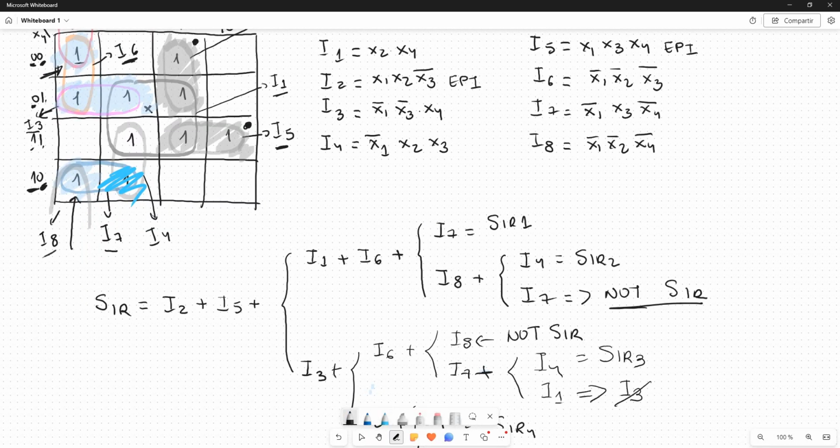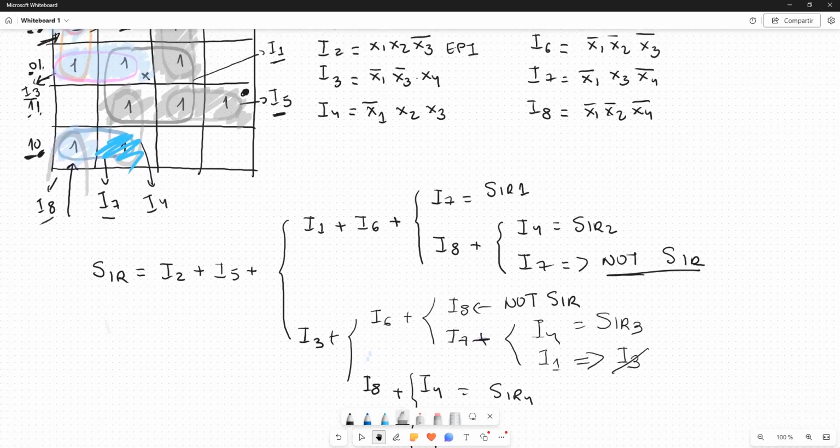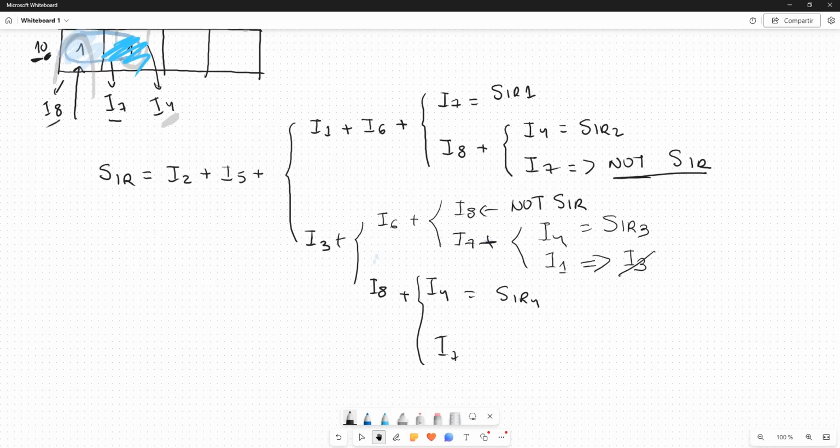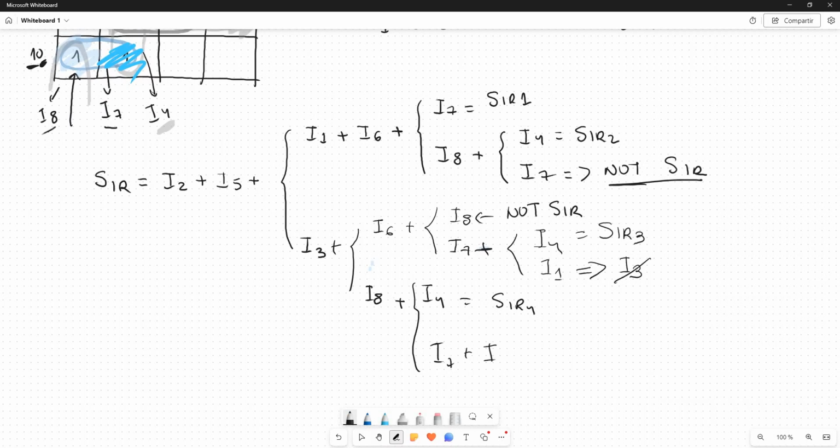That is here. The remaining one is here. So to cover it, we need to add another one. And we may use implicant 4 or implicant 1. Implicant 4 was in the previous bifurcation, so I am going to use implicant 1. So this is the irredundant sum 5.